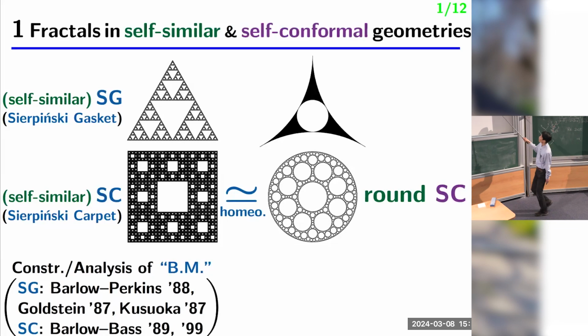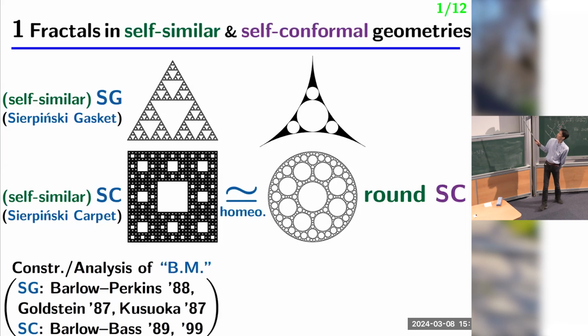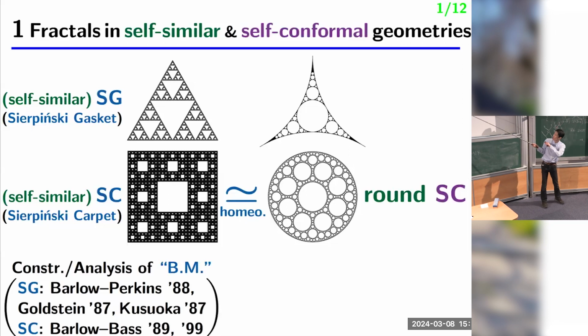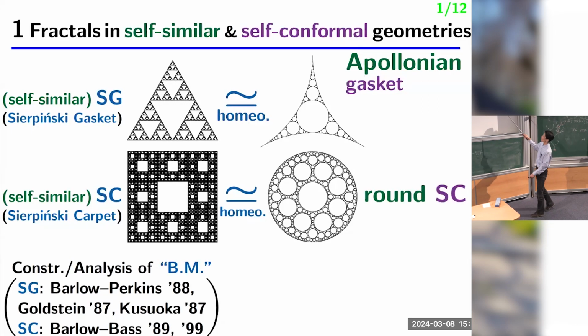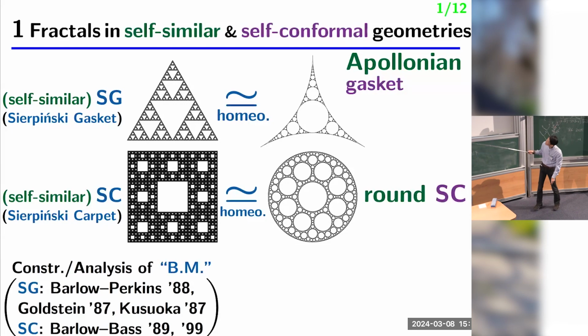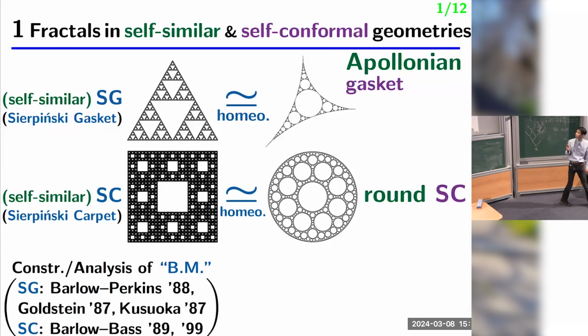Then you have three triangular regions of the same class, so you can repeat this operation indefinitely. By considering what remains after infinitely many steps, you get this fractal, called the Apollonian gasket.